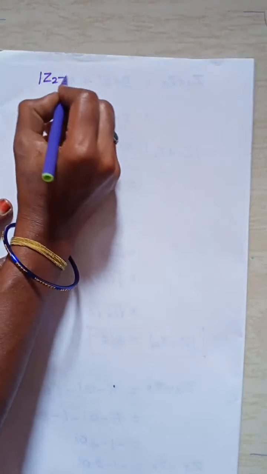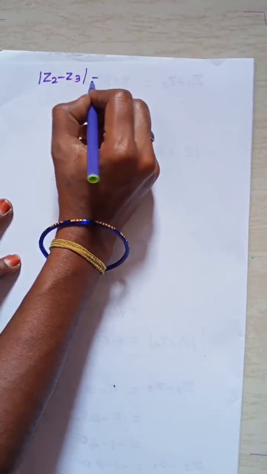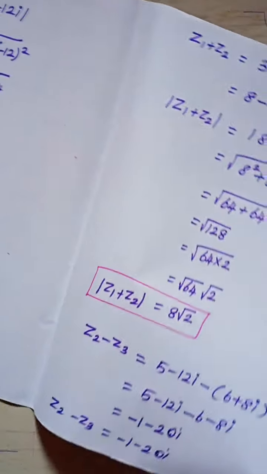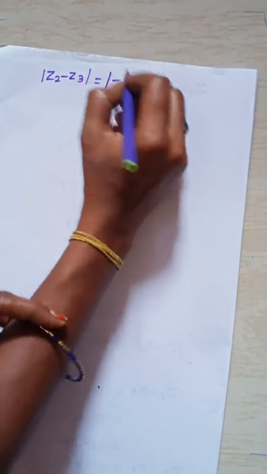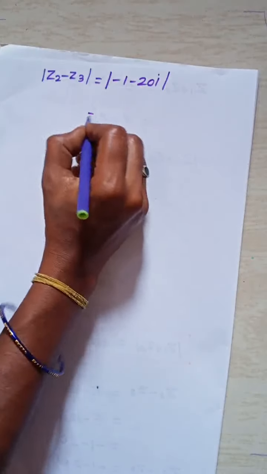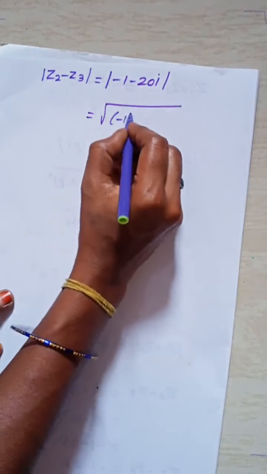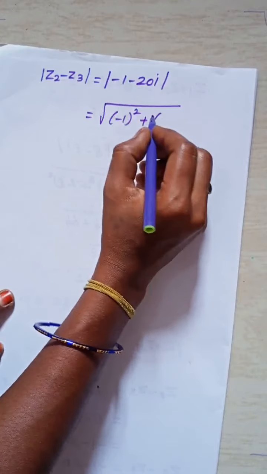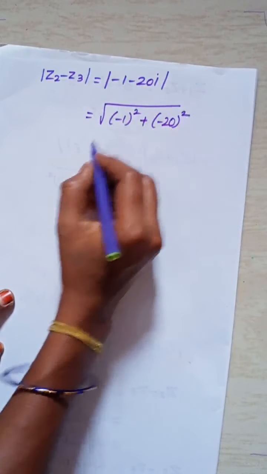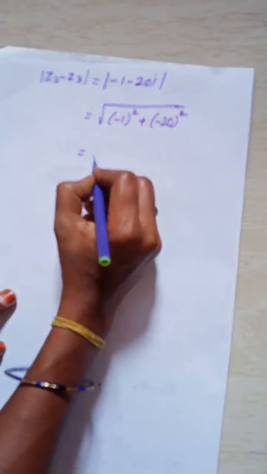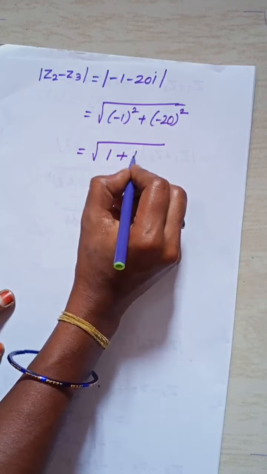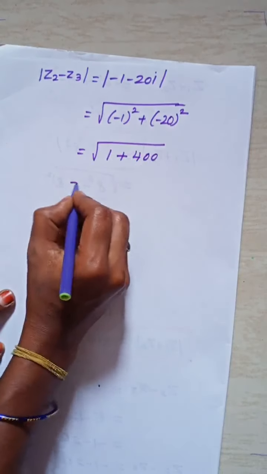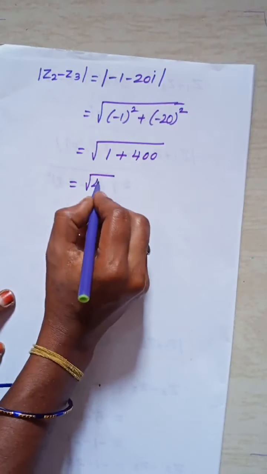Taking modulus, modulus z2 minus z3 is equal to modulus of minus 1 minus 20i, which is equal to square root of minus 1 squared plus minus 20 the whole squared, which is square root of 1 plus 400, which is equal to square root of 401.